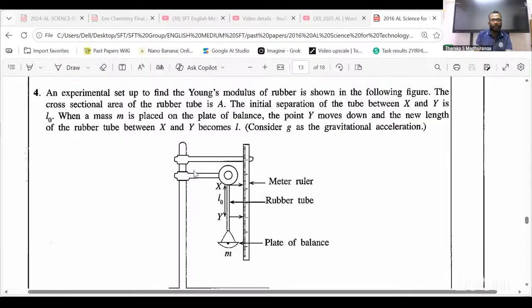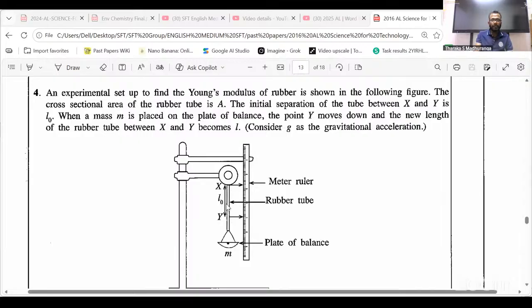When a mass M is placed on the plate of the balance, the point Y moves down, and the new length of the rubber tube between X and Y becomes L.